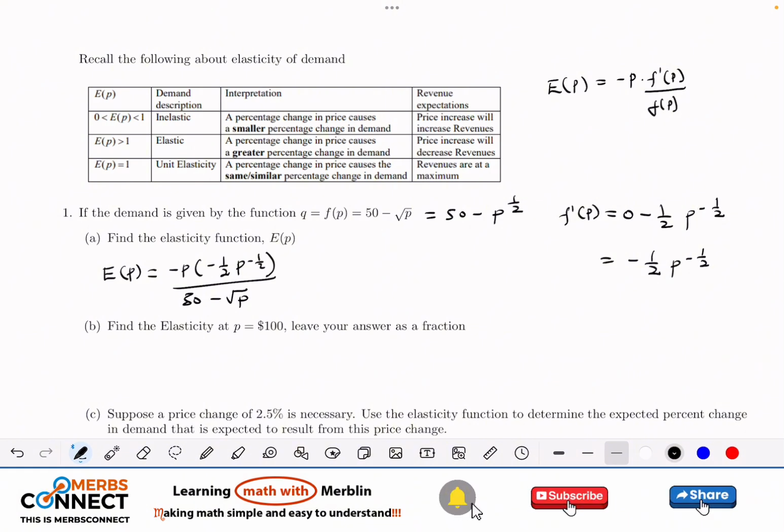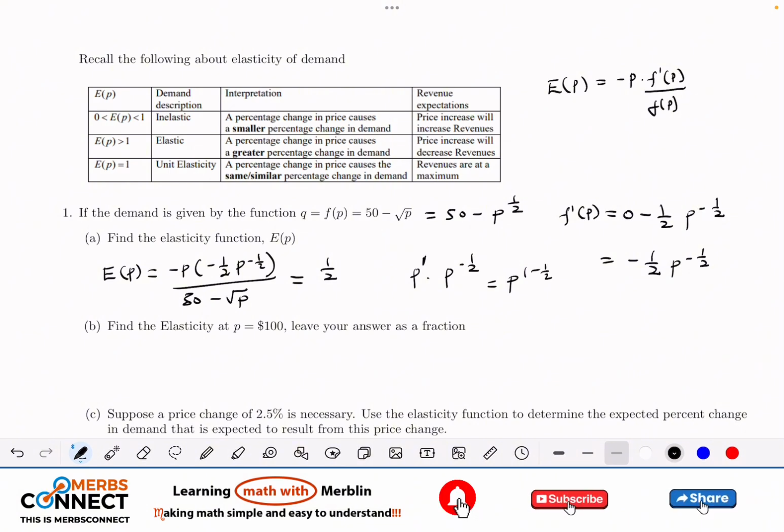So let's try and do some small simplification and then we are done. Minus times minus is going to give us positive, right? So you're going to have 1 over 2. Now P to the power 1 times this is like P times P^(-1/2). This is to the power 1. With indices, if the bases are the same, we add the exponents. So P^(1 - 1/2), we are adding.